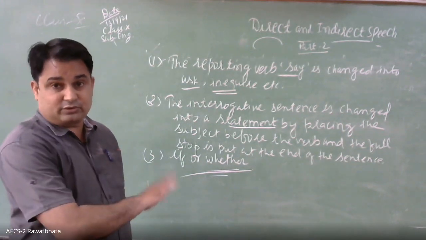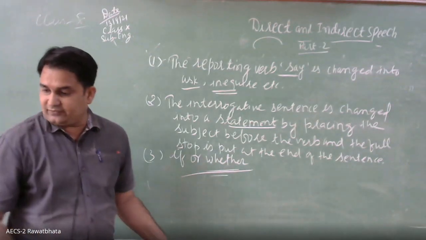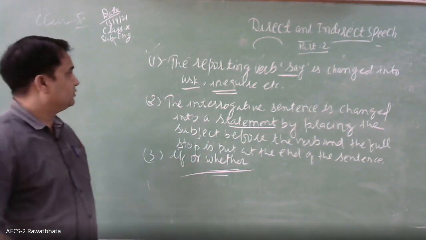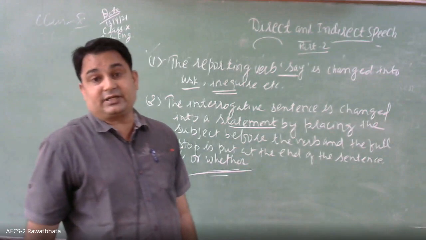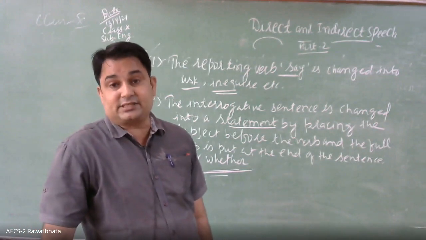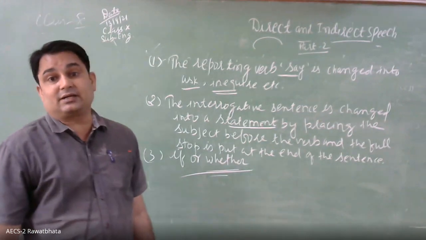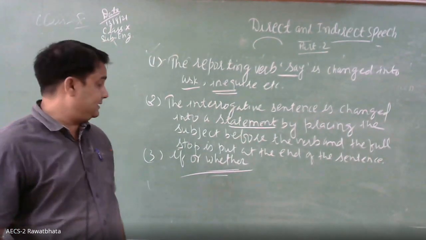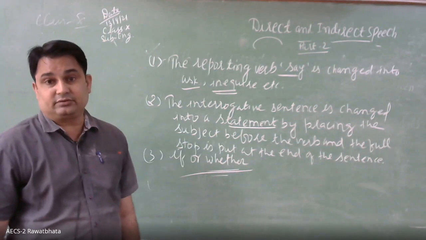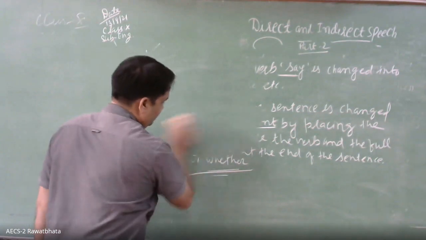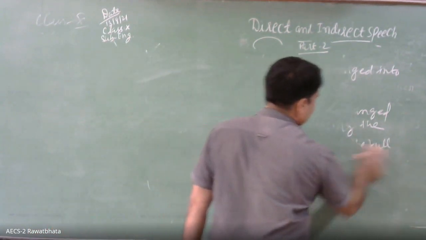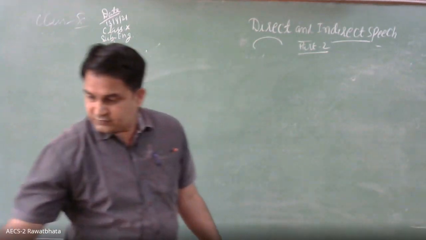Okay, so you have understood these things so far? Yes, sir. Then we will discuss it with the help of examples. You have written this? Yes, sir. And regarding if or whether, you write it in the complete form: if the interrogative sentence is a question whose answer is coming in the form of yes or no, then if or whether is used as a conjunction.